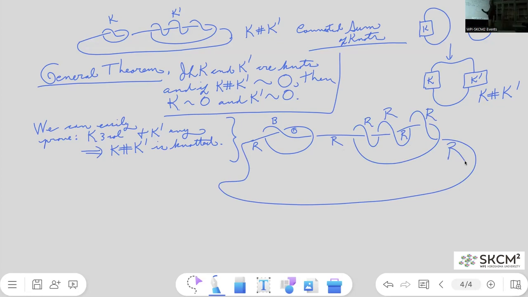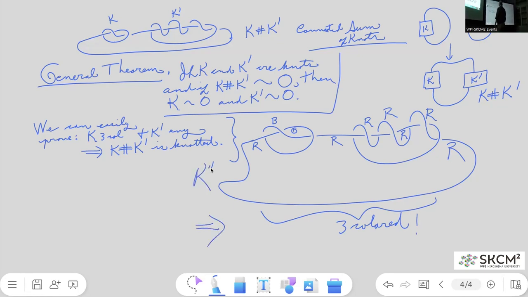But then this total knot here, this is three colored. All the three coloring is concentrated in the trefoil in this diagram, but it is three colored. And that implies that this knot here, let's call it K double prime, is not equivalent to the unknot. Because anytime you have a non-trivially three colored knot, it's not equivalent to the unknot.